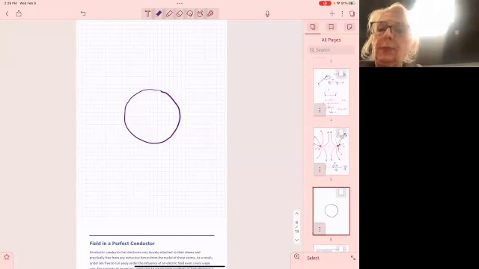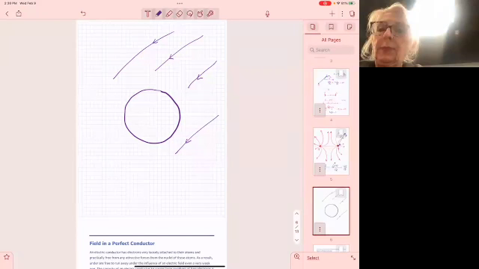Then I apply an electric field. Let's assume that the electric field looks like that initially. And then I bring the sphere into this electric field. What happens then? The sphere is a perfect conductor.